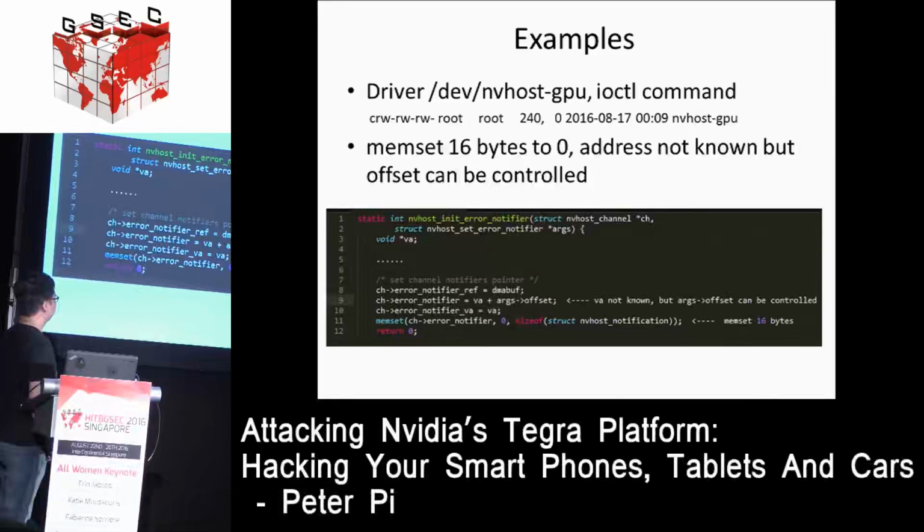So if we input a bad value, the memset will write 16 bytes of 0 to an unknown address. But if we can leak the VA, the value of VA, we can write 16 bytes of 0 to a controlled kernel address.